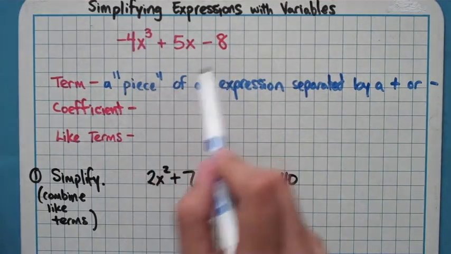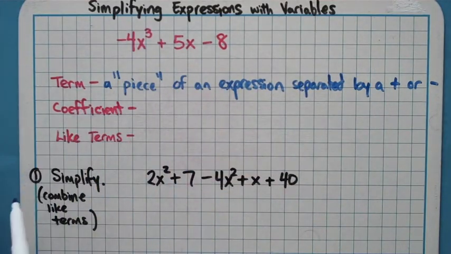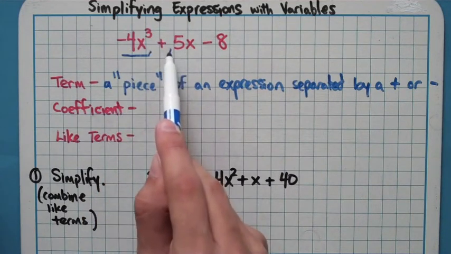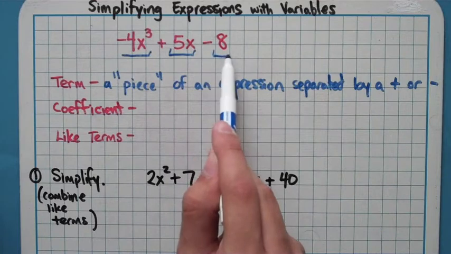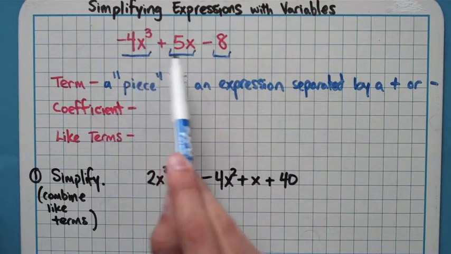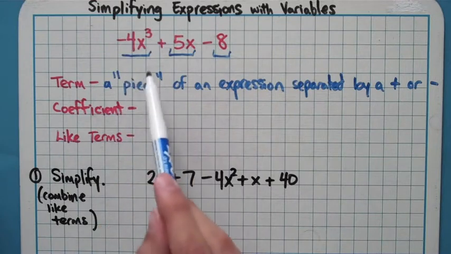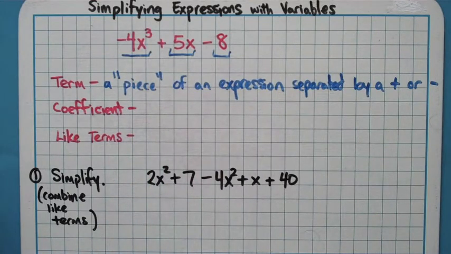So in my expression up here, I have three terms. This guy right here is a term, this guy right here is a term, and this one over here. Each piece separated by the plus or minus sign. Multiplication is okay in a term, but each one of those pieces is called a term.